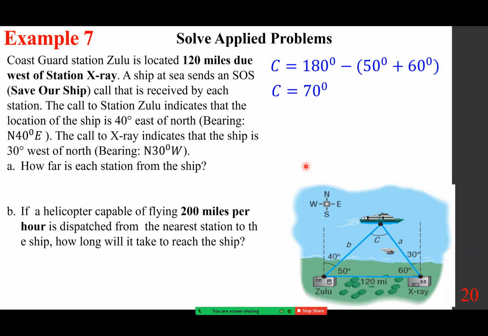All right, so we found this angle, C is 70 degrees. So we have this side, so we're going to use that. We're going to say sine of 50 over A, sine of 60 over B, and sine of C over 120.